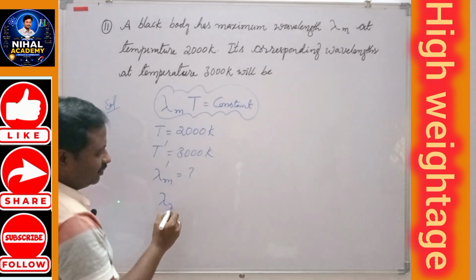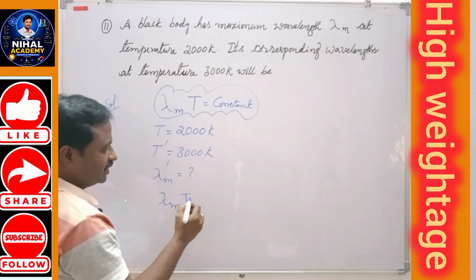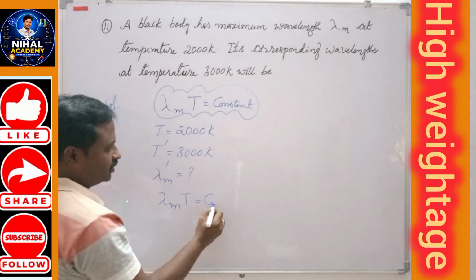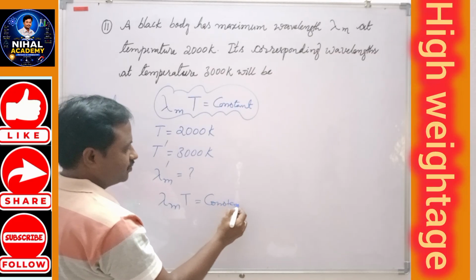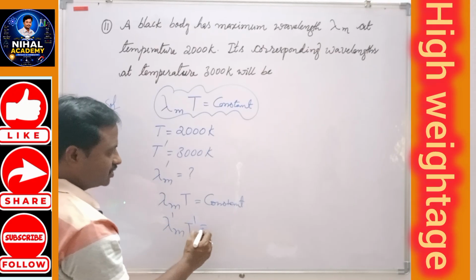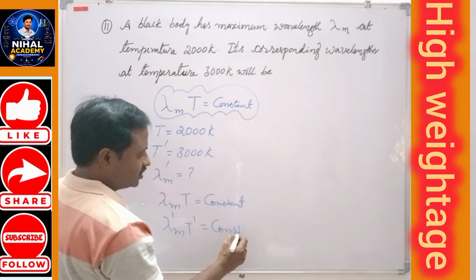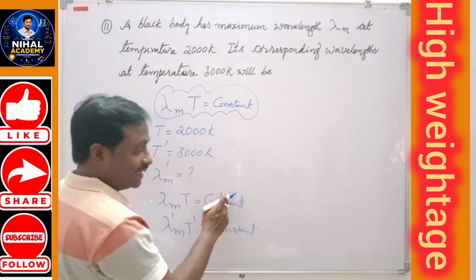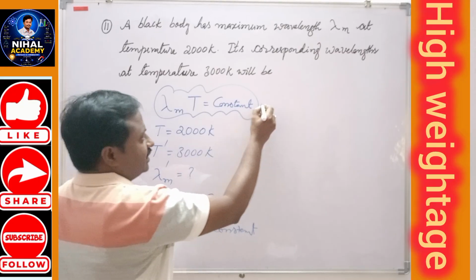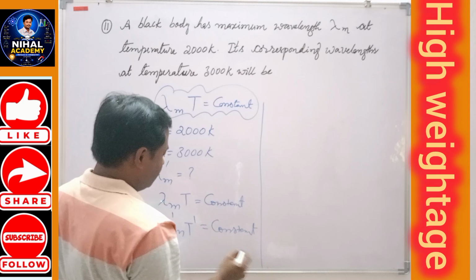So we'll apply this formula in the two cases. Then lambda m into T is equal to constant. And in the second case, the formula lambda m dash into T dash is equal to constant. And on the right side, both are constant, so equal, so we can equate the left sides.